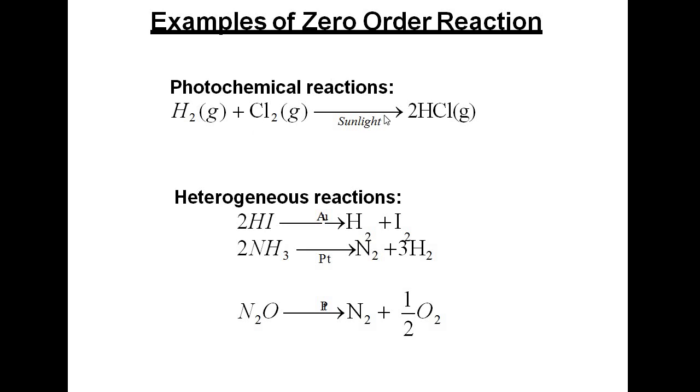It will depend upon the presence of sunlight. So that's why rate is independent of concentration, and it is an example of zero order reaction. Some other examples: 2HI gives us H2 plus I2, NH3 gives us N2 plus 3H2, N2O gives us N2 plus half O2.